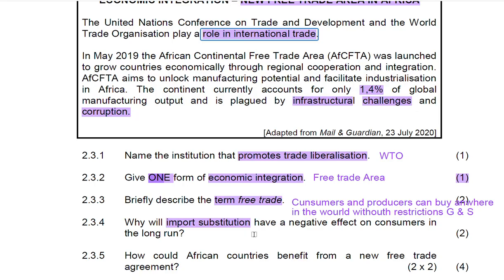Consumers may pay higher prices on domestic products due to less competition, because now there's a restriction in terms of where they can buy. There is no free trade. They will be limited in terms of where to buy, meaning they will only be buying in South Africa. If they're only buying South African products, the competition will be low.